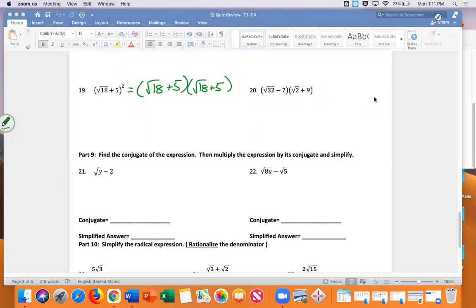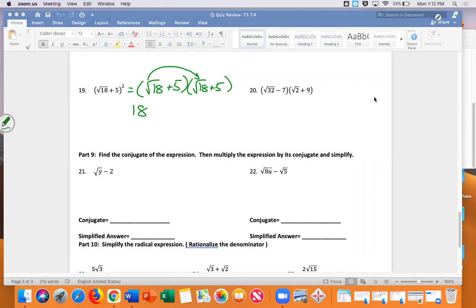This is going to allow me, Sarah, to draw my arrows and actually multiply it out and see it easier. Root 18 times root 18, they undo that square root because it would be root 18 squared. If you don't believe me, I believe 18 times 18 is 324. Could be wrong on that. But the square root of 324 is 18.